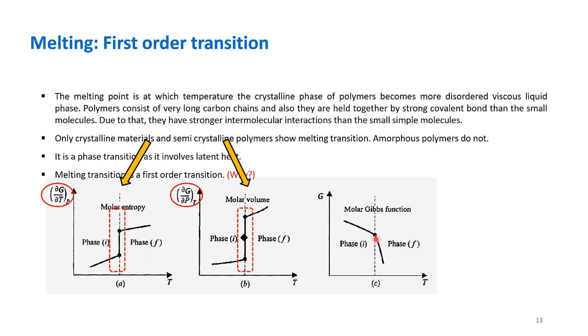However, in this case, the Gibbs function with respect to temperature, here we only get a point, so that is not very prominent, but still we can observe that the phase is changing, and in these two cases the phase change is very prominent.